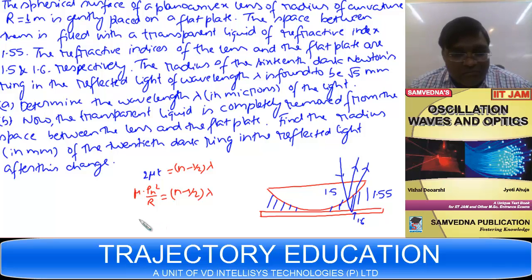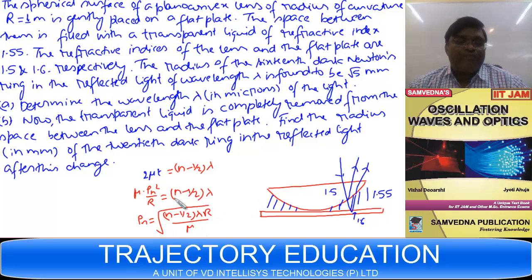So rho n will become the square root of n minus half lambda r upon mu. The radius of the nth dark ring is going to be n minus half lambda r upon mu. Just put the value of mu as 1.55. For the 16th dark ring n will be 16, because n equals 1 corresponds to the first dark ring, so n equals 16 corresponds to the 16th dark ring.